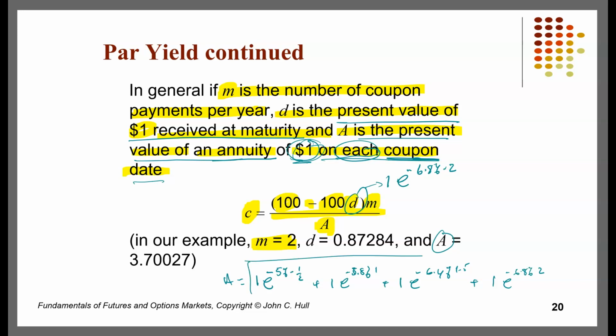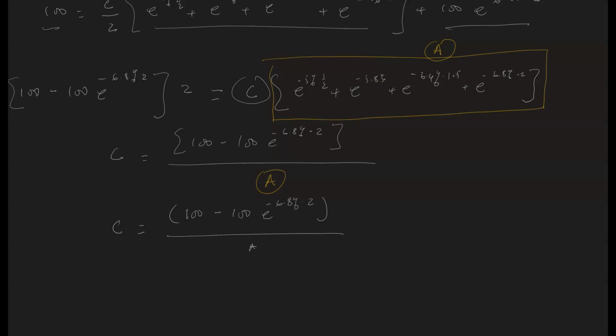This is what A is going to be. And if we go back to our board, that's essentially what we have. Oh, here I actually forgot the 2. It should be here. That's the 2 there, right?